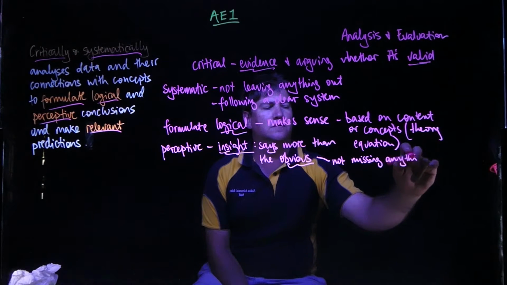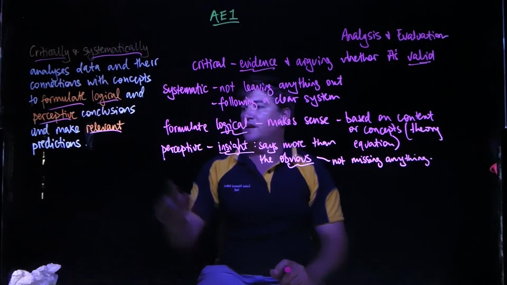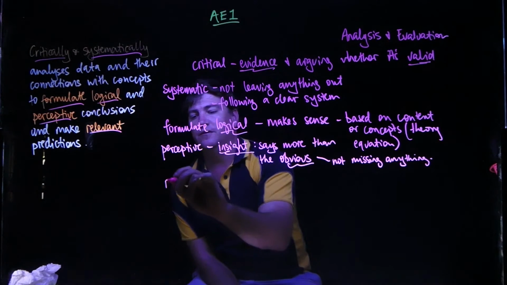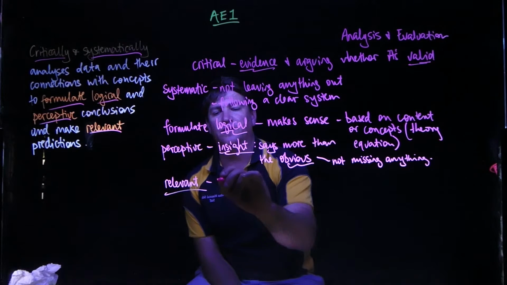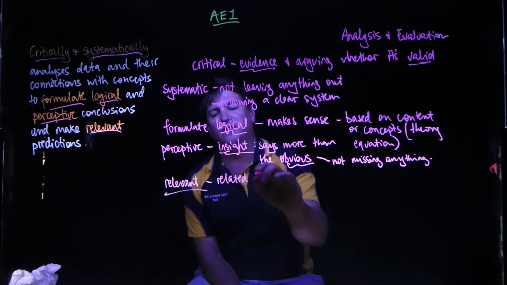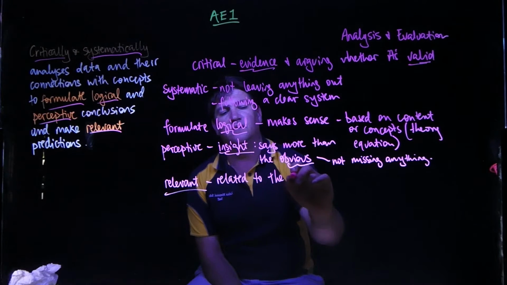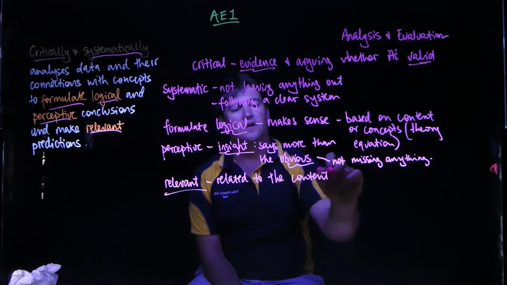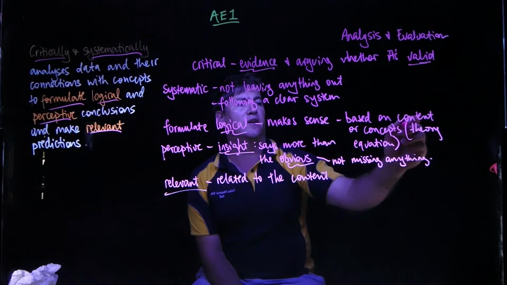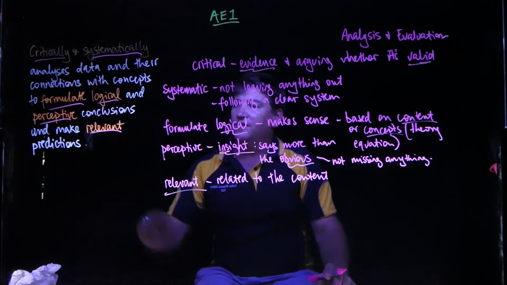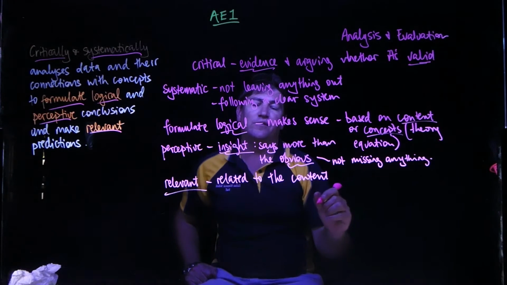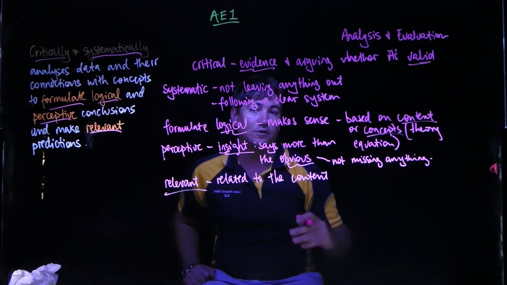Okay, the last part, the relevant predictions. If it's relevant, it's related to the content. This means that when you're looking at the content and the concepts under investigation, you're able to make some sort of relevant prediction. This is generally not done in the analysis or the conclusion part.